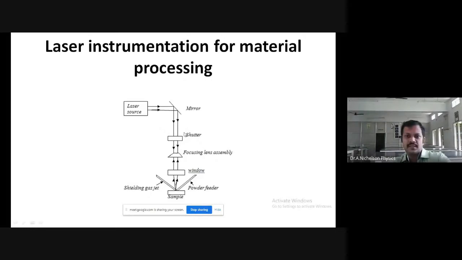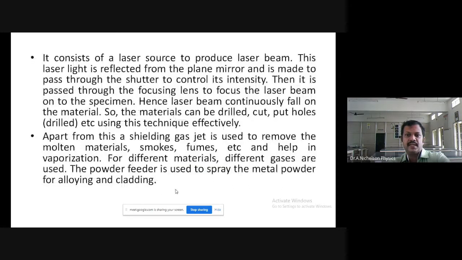If there is some scattered beam, that is neglected, and the remaining will pass through. And you have a focusing lens assembly. You have a focused beam, and finally you have a window and it falls onto the sample. So what is the role of this shielding gas jet and powder feeder?